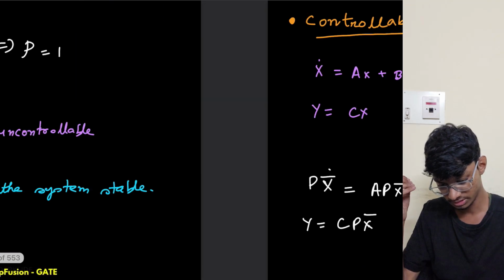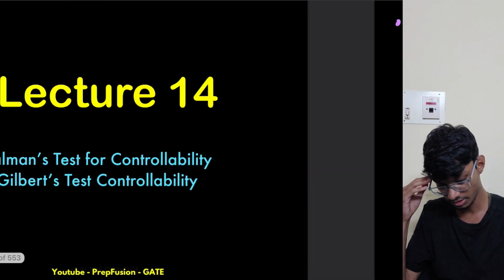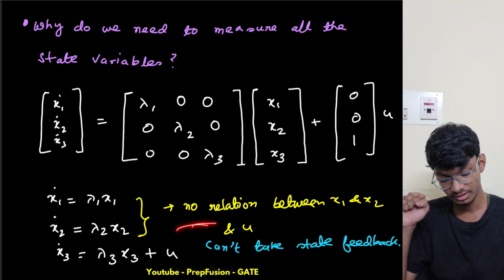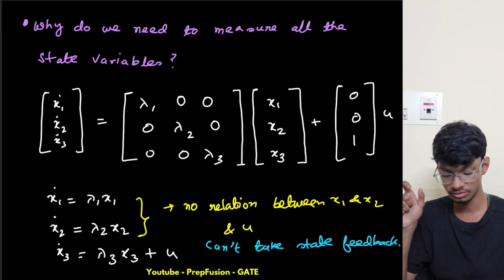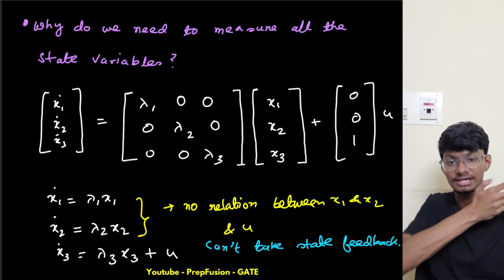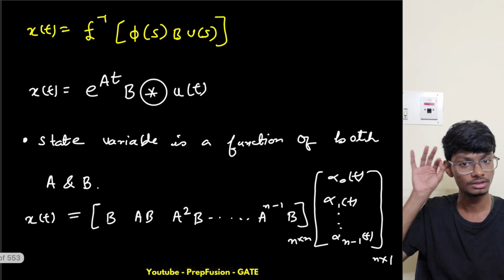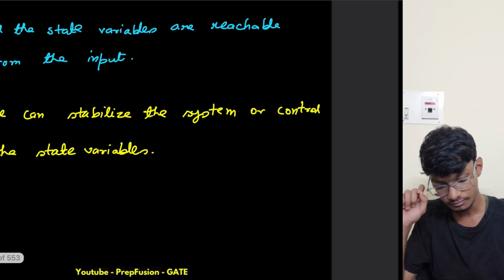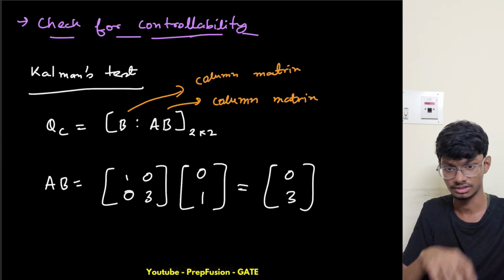In that same example I told you that if there is no relation between x1 and x2, I won't be able to take state feedback, or control the change of state with the help of input. Then I won't be able to reach my desired state for this particular state variable, x1. So as a whole, my state space representation won't be controllable. From that example you understood, so I won't do another example.